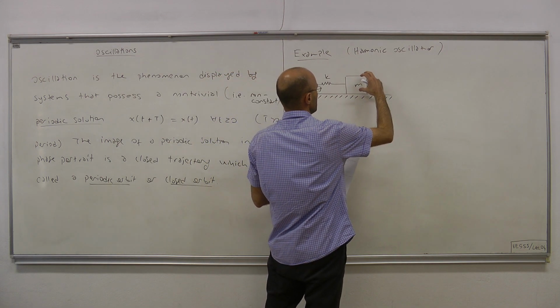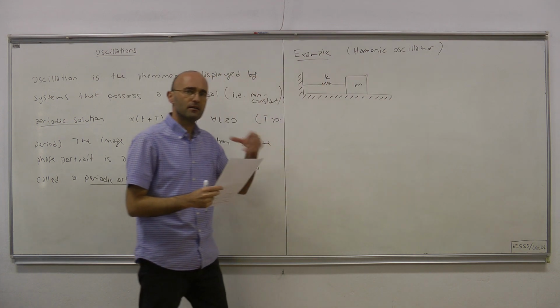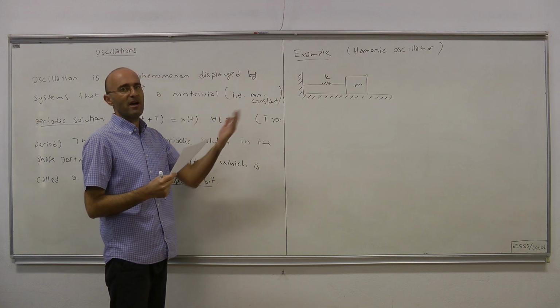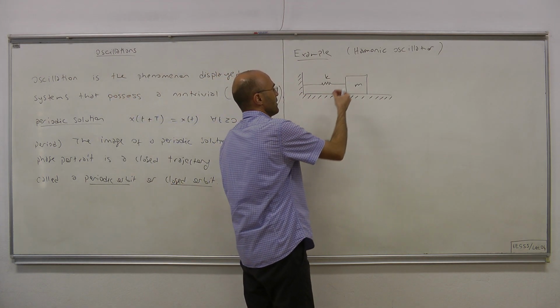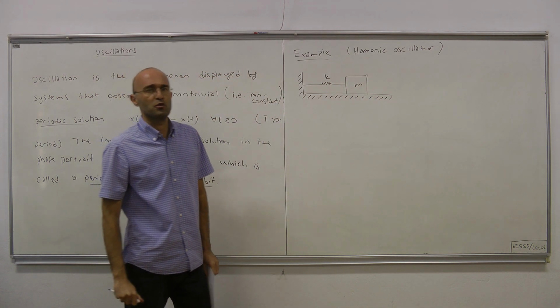Now, what we found here is that if you just stretch the spring a little bit and then leave the mass, the mass will oscillate back and forth if the friction is not enormous. If the friction is large, eventually this will converge to a stop.